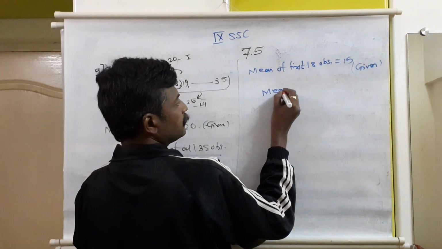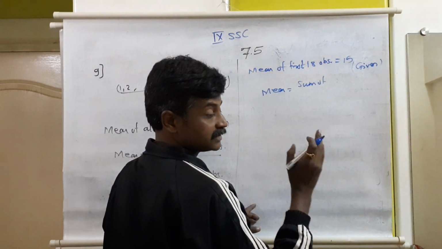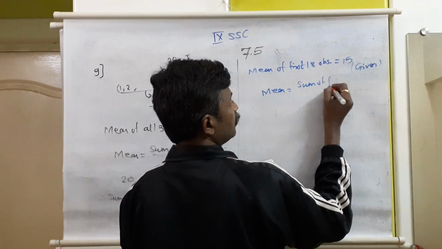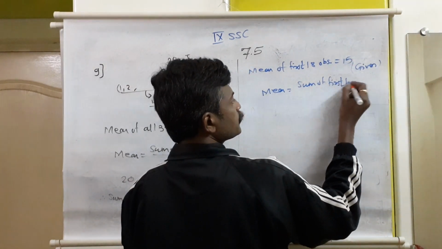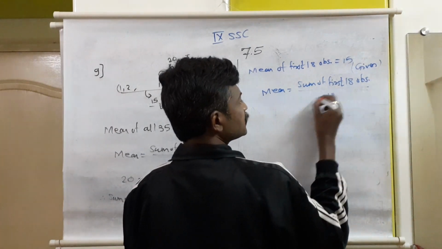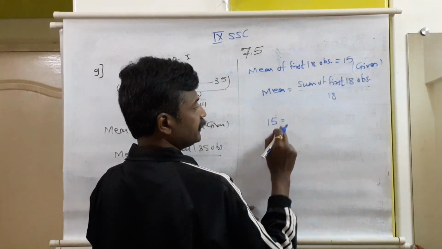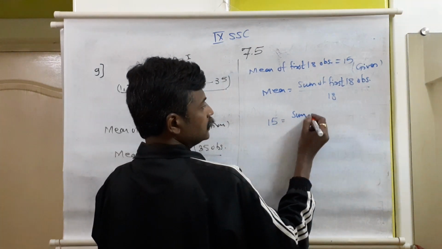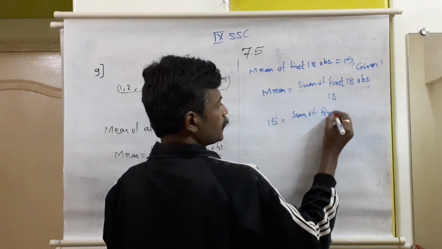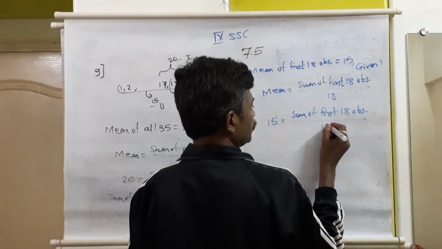Mean is equal to sum of, how many observations are considered? First 18. Sum of first 18 observations divided by number of observations, 18. Mean is how much? 15. Mean is given 15. 15 is equal to sum of first 18 observations divided by 18.